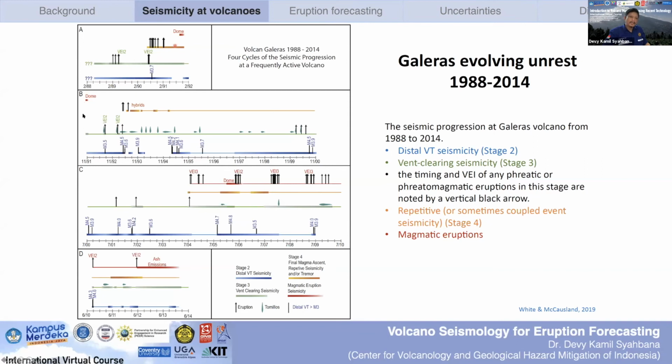So this is an example that it can happen short term or long term. So if you ask what time it takes to go from stage 1 to 2 to 3 to 4, there is no linear, there is no common duration. But yeah, that's the difficulty that we have to handle.